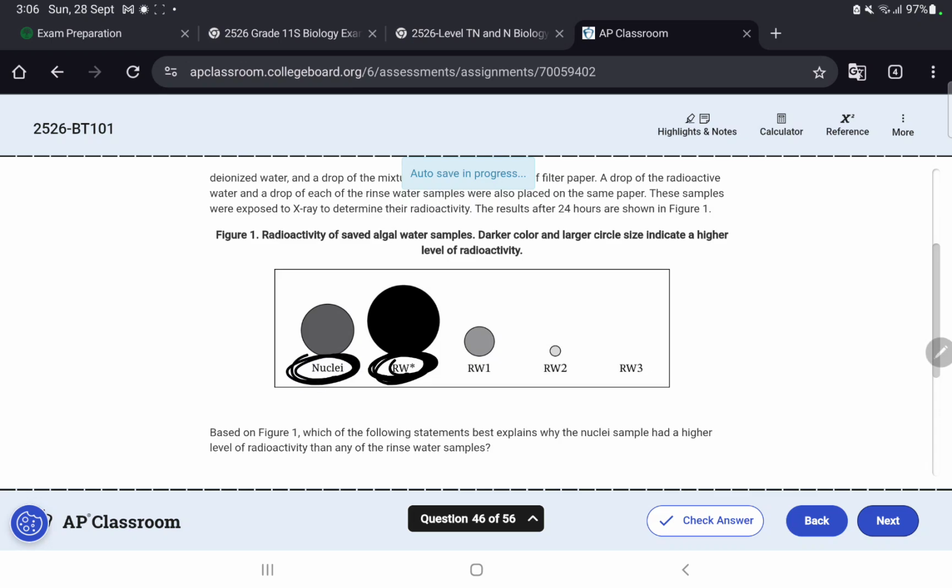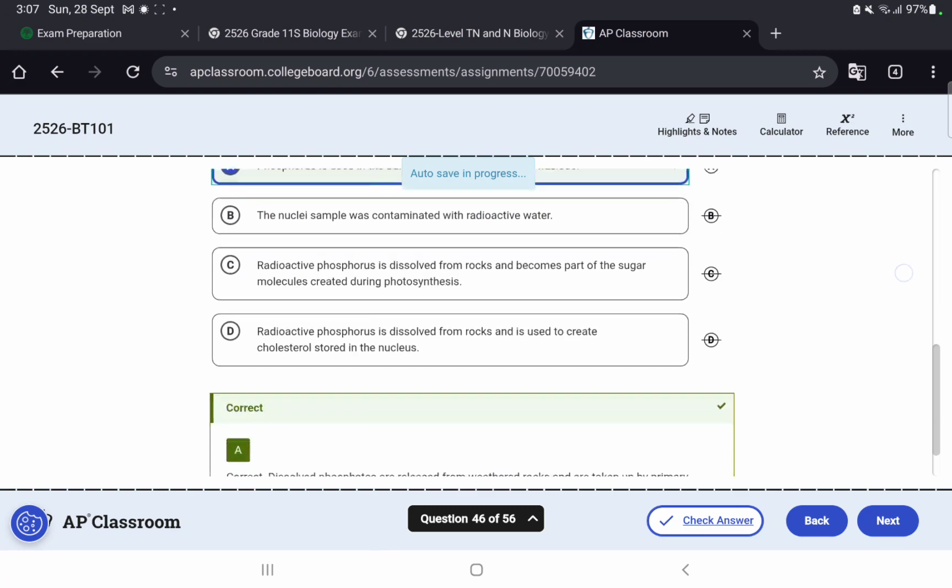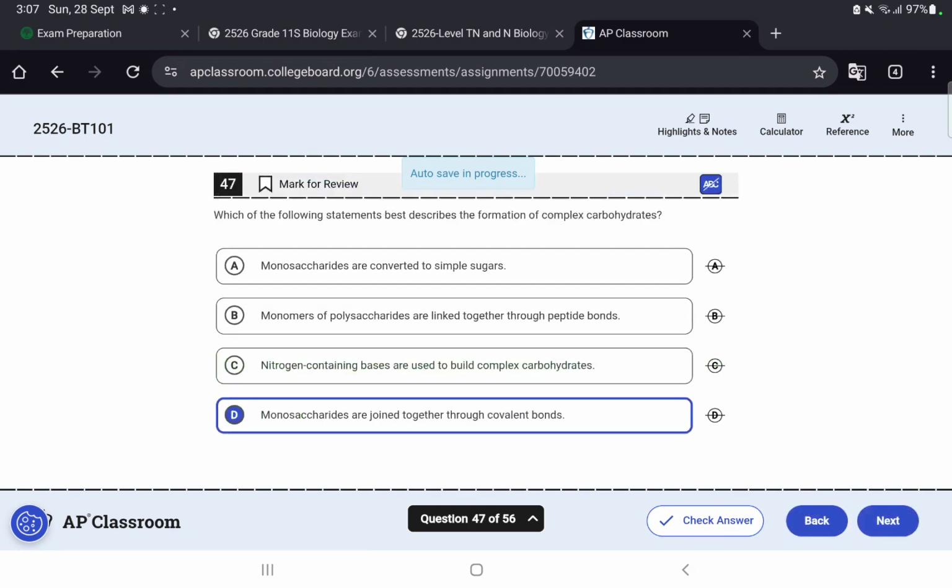What does our nucleus also contain? It contains DNA and RNA. DNA and RNA are nucleotides. What do nucleotides contain? Phosphorus. Which is why the nucleus is more radioactive than rinse water 1, rinse water 2, and rinse water 3. Way more radioactive. So phosphorus is used in building nucleic acids in the nucleus, which is why it is more radioactive, because phosphorus is what makes things radioactive in this case.